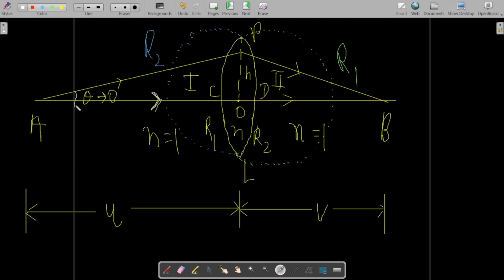Over here we have shown it big, but it is actually very small, only in minutes or seconds.